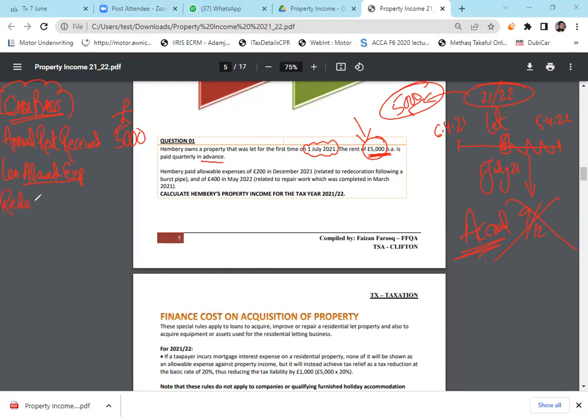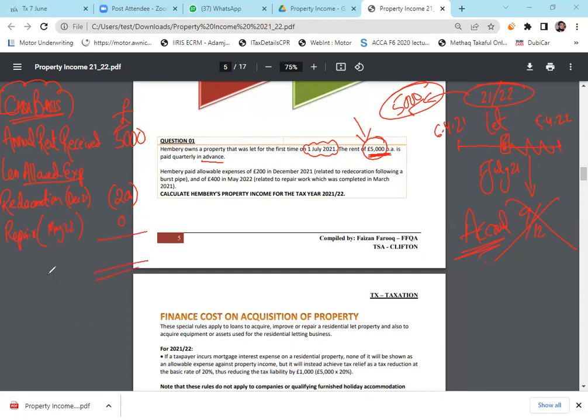Yes. Should I deduct it or no? Yes. Okay. What else? £400 won't be included, right? Why? You are right, but why? Because it was paid in May.